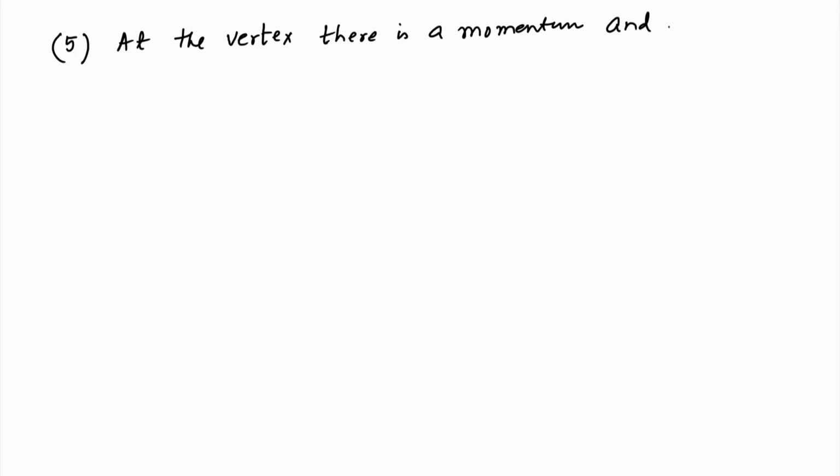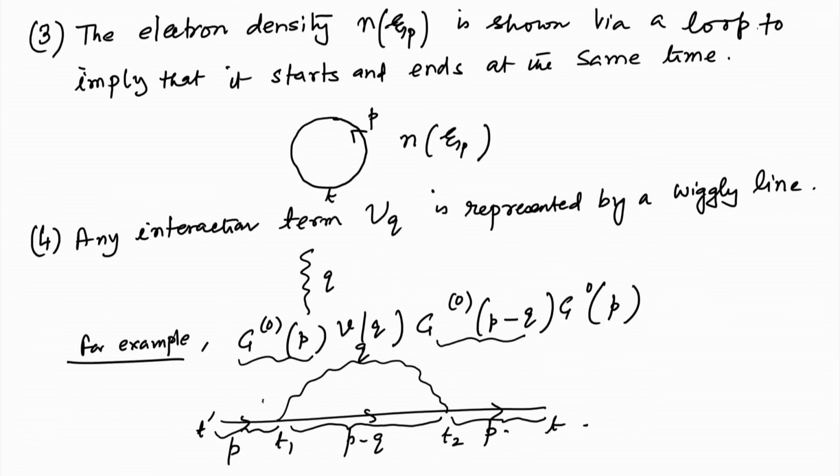And so, now rule number 5 is that at the vertex, there is momentum and energy conservation. What I mean by vertex is these points, that is a vertex and this is a vertex.